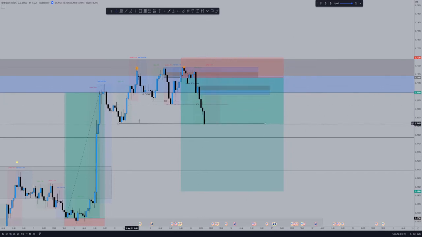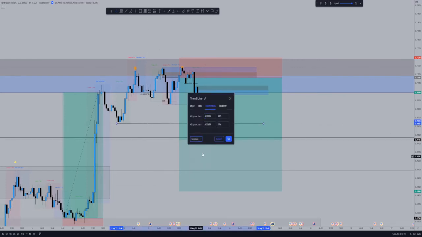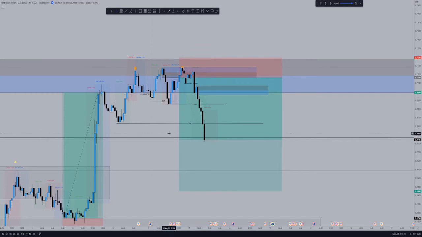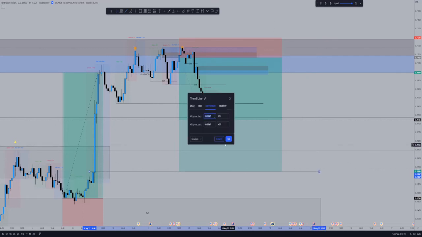So now we've broken this structure to the downside, so again this is a very valid supply, and it's within the overall 4 hour supply. Remember, we're still in the hourly time frame here, so we're targeting the fair value gap fill, because this point here will fill the fair value gap, which is why we have our take profit there.